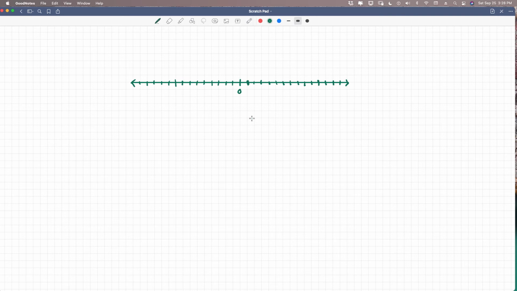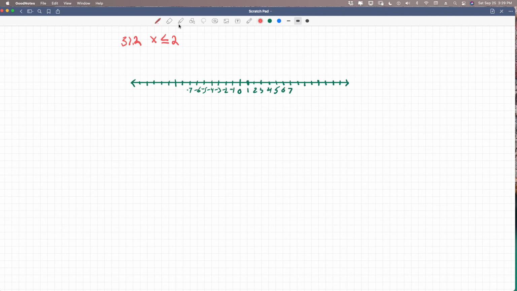So we have 3 to graph, and I'm going to use different colors for each one of these so that it stands out. Let's put some numbers on here. 1, 2, 3, 4, 5, 6, 7. -1, -2, -3, -4, -5, -6, -7. That's just to start. If we need more later, we'll add them. So let's use red for the first one. For 37.2, we need to graph x is less than or equal to 2.